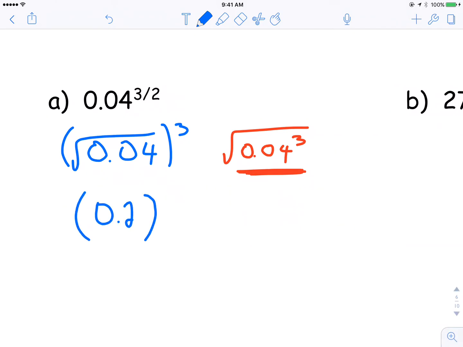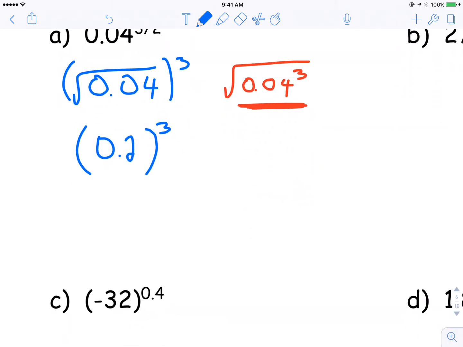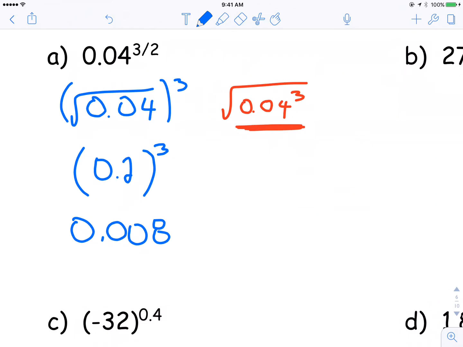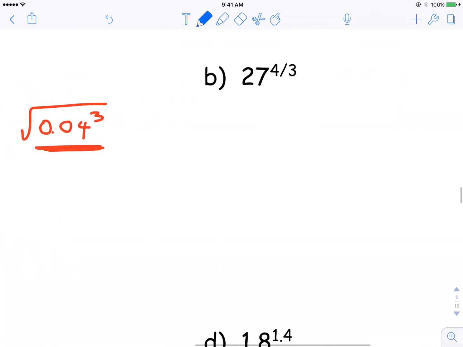So it's pretty easy to go 0.2 cubed to get 0.008. Now, of course, if you're not familiar with the square root of 0.04 or some other decimal numbers, it might take you a little bit more time or more practice to get that, or simply punch it in on your calculator.